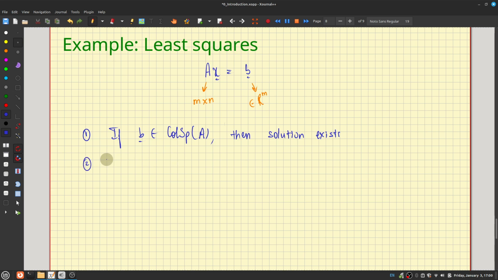Now suppose that the vector b does not lie within the column space of A. I want to choose an x such that Ax is close to b, right? I can't find an exact solution because an exact solution does not exist. So I want to find an approximate solution.